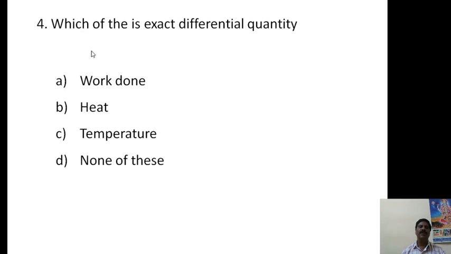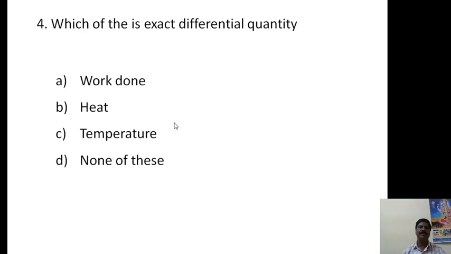Then fourth question: which of these is the exact differential quantity? Option A is work done, B is heat, C is temperature, D is none of these. I will give 10 seconds for you people.